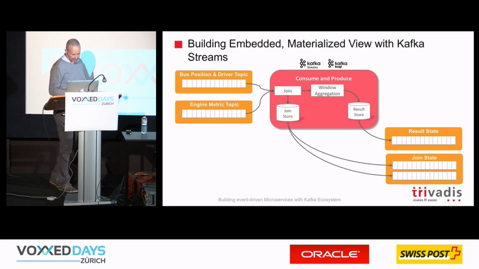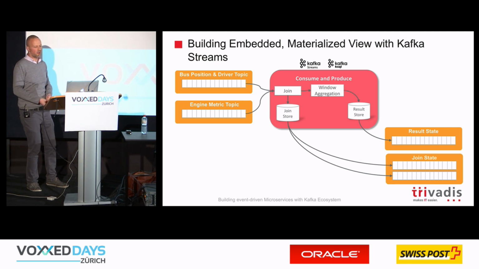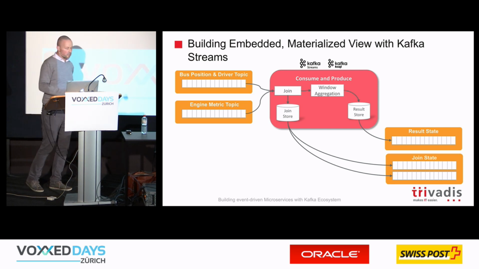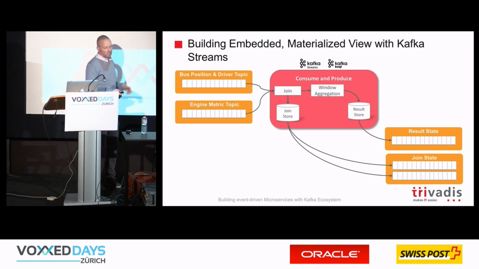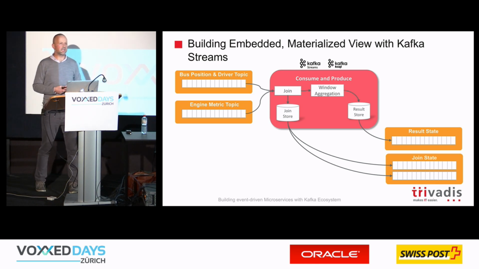You can also aggregate. That's what I meant with windowing. So you could say, I want to know, I don't know, bus position, engine metrics, and I want to do some aggregation over a certain time window. You do the join between the topics first, and then you aggregate. And what Kafka Streams does quite well is it has the concept of local result stores, because an aggregation is always state.